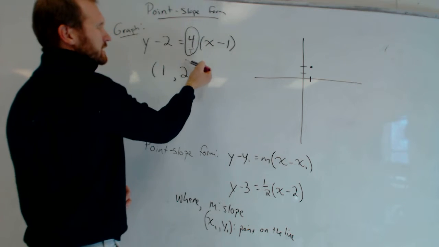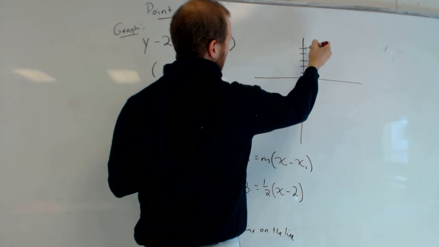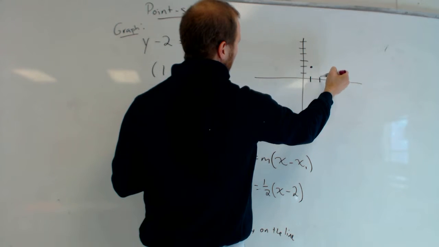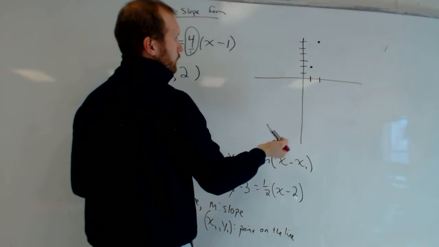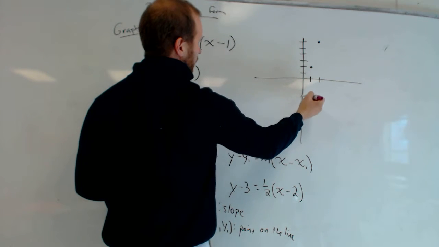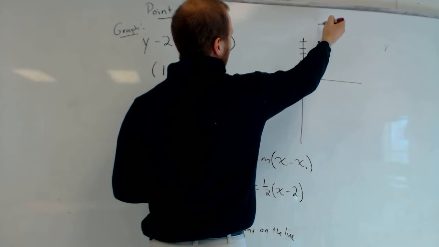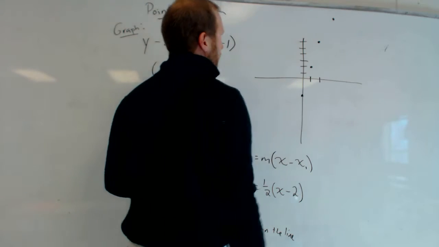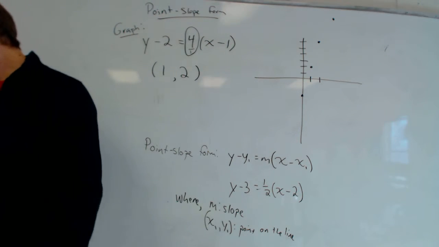And we can just use the slope to find our next point. Up 1, 2, 3, 4, and over 1. We could keep doing that. We could even go the opposite way. 1, 2, 3, 4. Maybe a point there. And go 1, 2, 3, 4 over here. Right? So we can generate a whole bunch of points along that line.